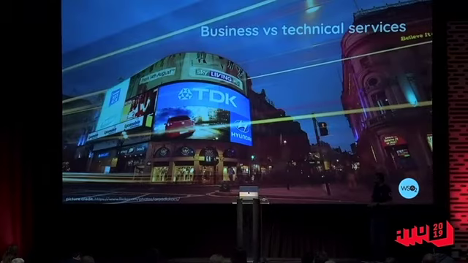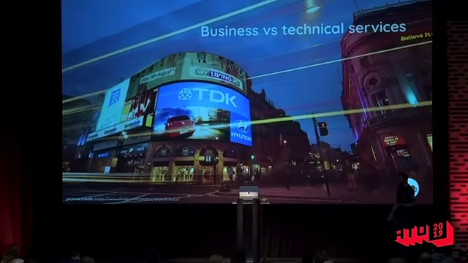Then another exercise we did: we tried to look at the business expectation and the technical expectation of services and microservices, again to look at the pragmatic side of the services and microservices that we are writing.